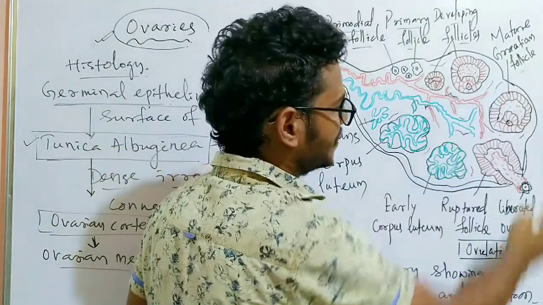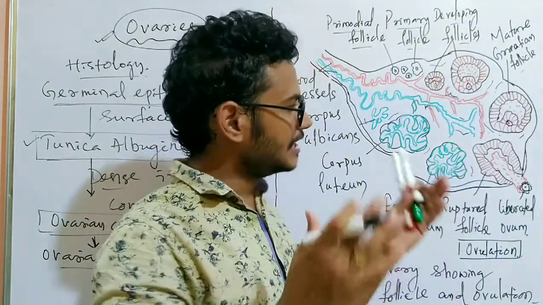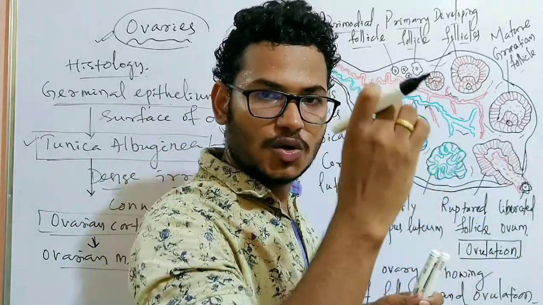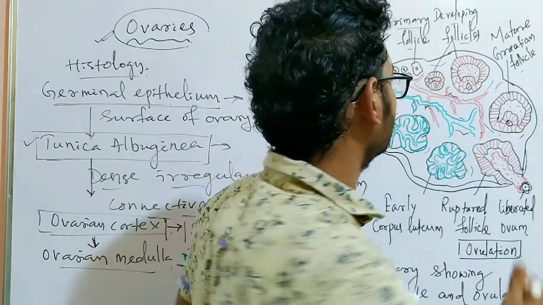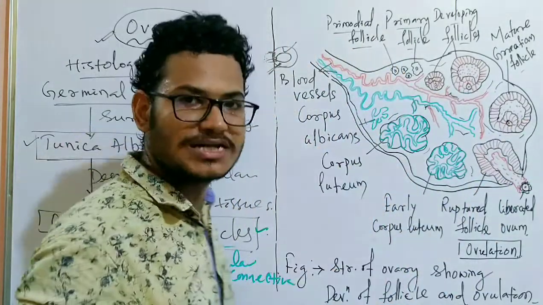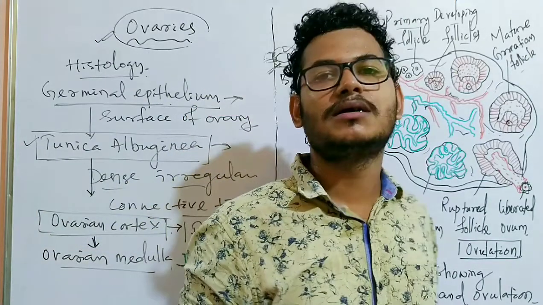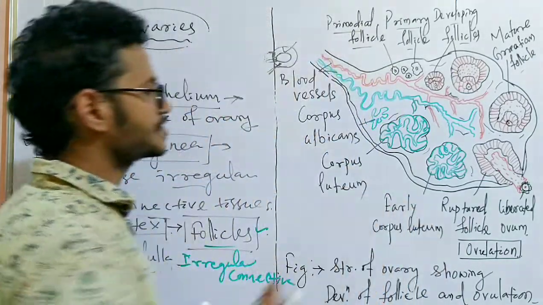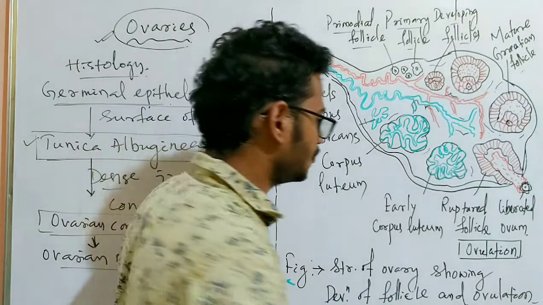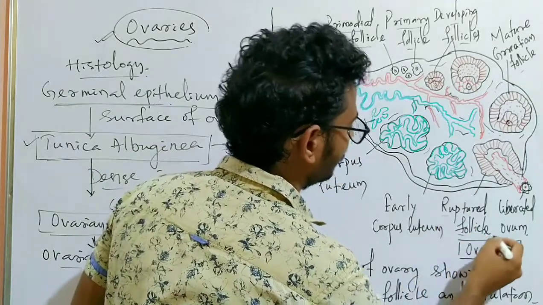The mature Graafian follicle gets ruptured, and the ovum, or the secondary oocyte as we call it here, which matures inside the mature Graafian follicle, comes out, liberated out. This liberation is done by the rupture of the follicle.